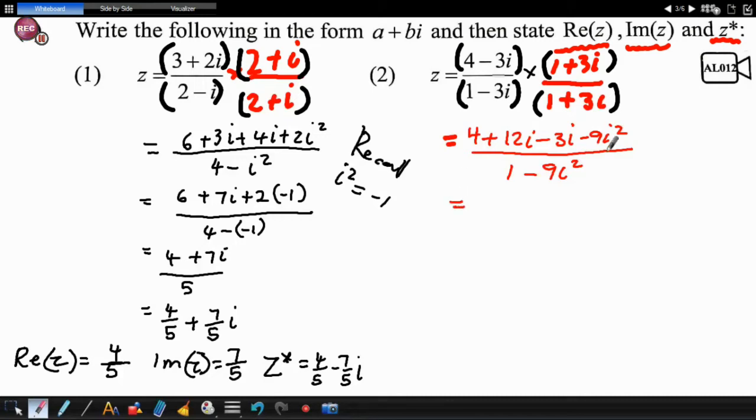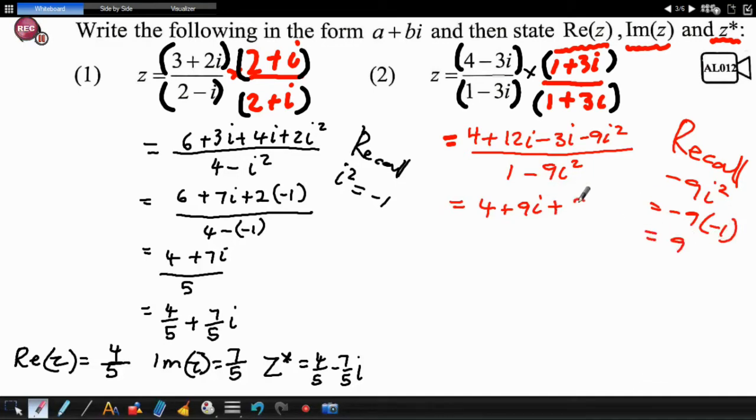Then we can see, guys, a difference of two squares, as you can see there. That's why it's so easy to do the denominator. Now, all that I'm going to do is collect the like terms. So 12i minus 3i will give me plus 9i. And then I can see here, I can straight away just work this out. Guys, if I have negative 9i squared, this will give me positive 9.